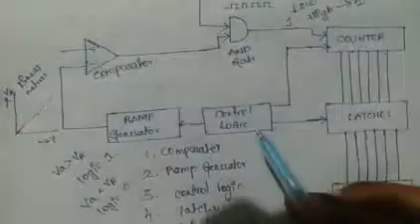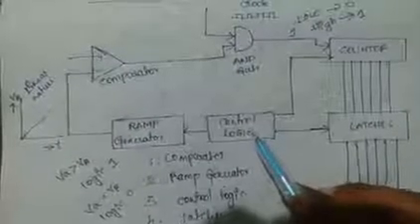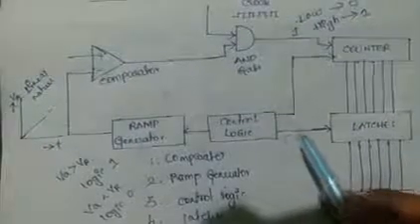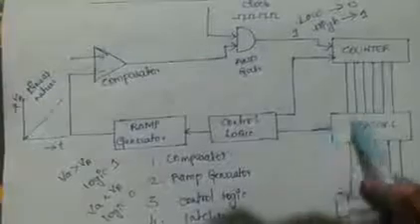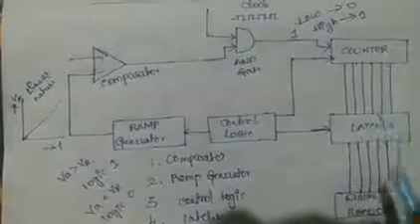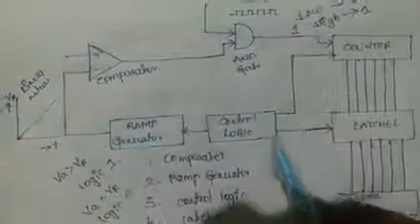The main purpose of the control unit is to reset the counter and latches, because the counter and latches store the step by step data. So we have to erase the previous data stored in them. In order to erase the previous data, we are using the control unit or control logic.